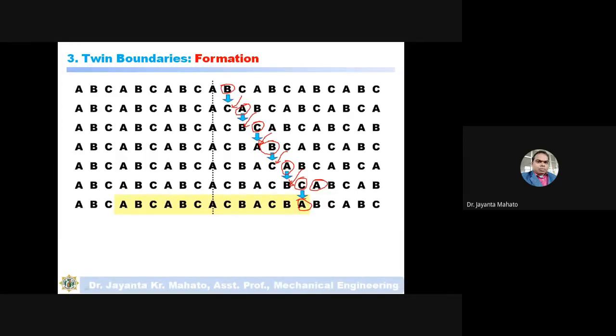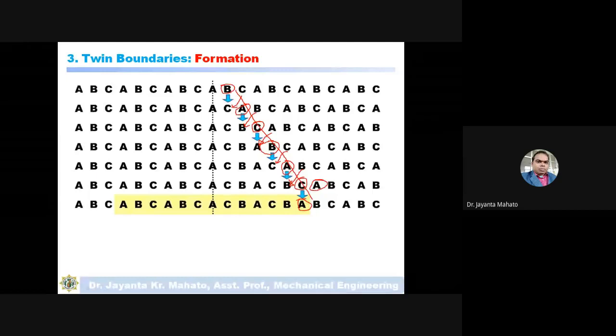So just remove this region of planes. What happens? Just look here. After the A plane, which plane comes? C plane comes.